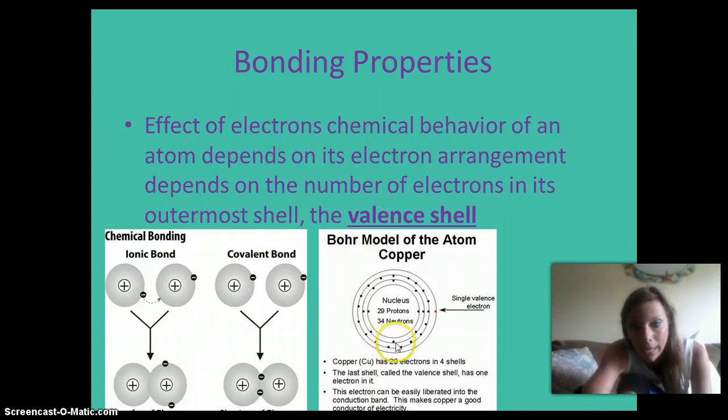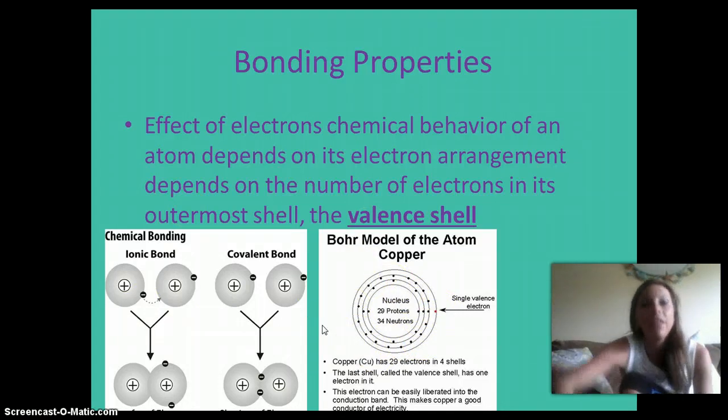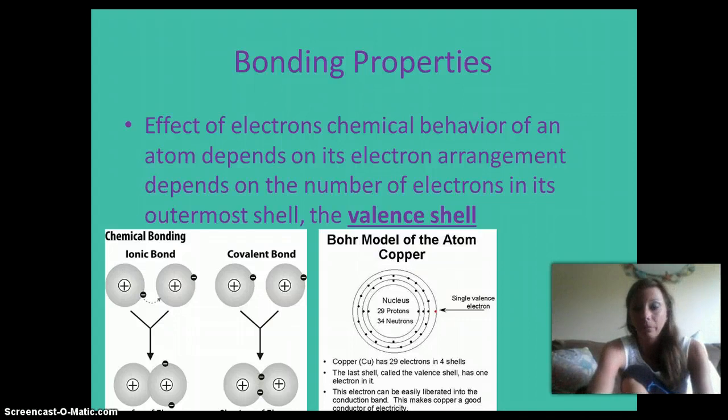Here you can see that we have different shells, and the number of electrons in that outermost shell determines what that atom wants to do. Does it want to share electrons with another atom? Does it want to give one up? Or does it want to take one from another atom?